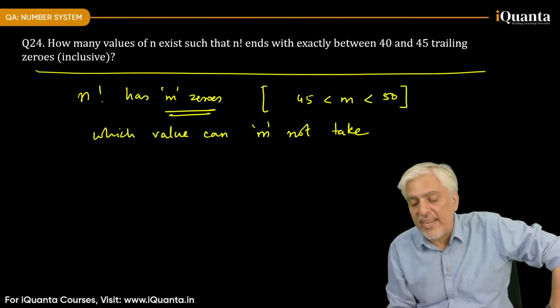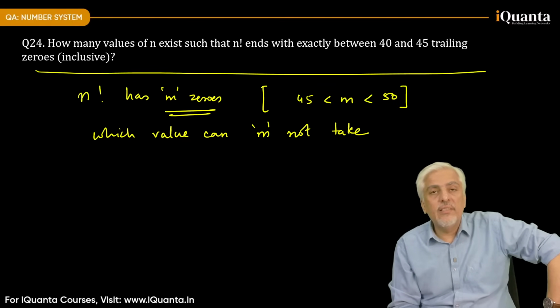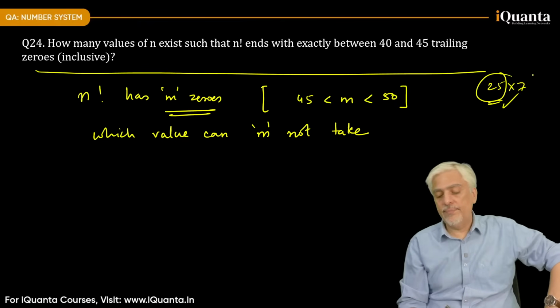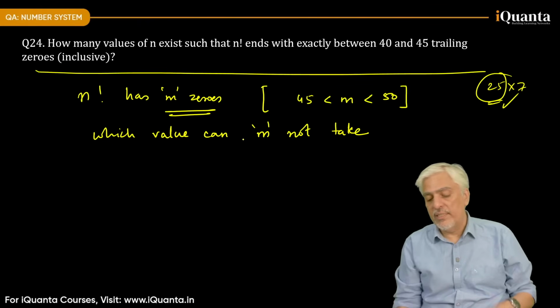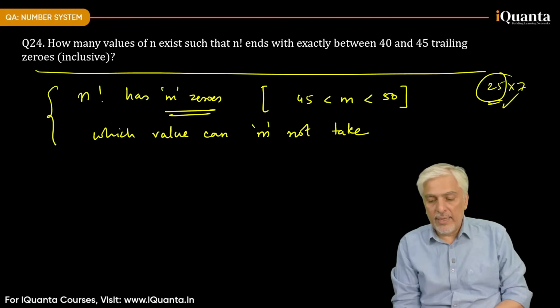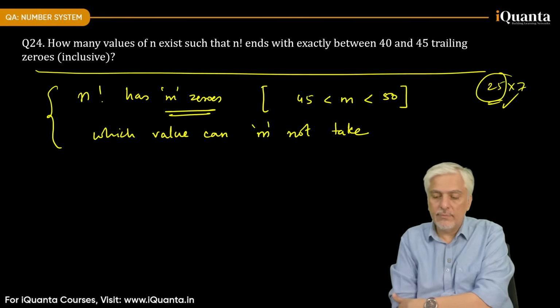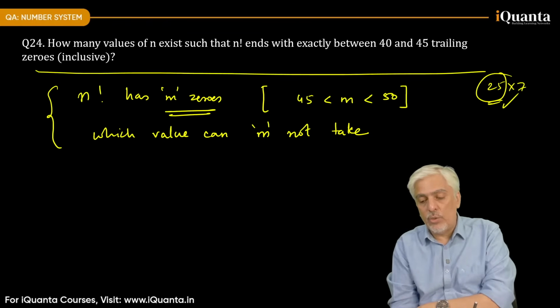175 क्या है? 175 is 25 sevens, 25 में 2 zeros होते हैं ना, इसलिए. हाँ, this question come on. Garv was asking for the previous question. इस क्वेश्चन में बोलो. n factorial has m zeros.